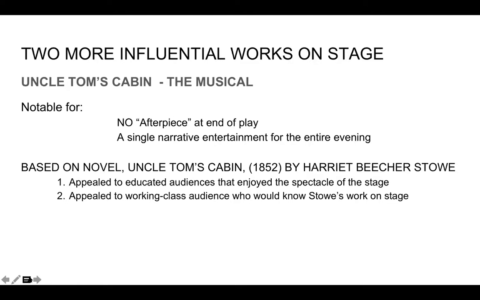Based on the novel by Harriet Beecher Stowe, this appealed to educated audiences because they had read the book and understood it and then wanted to see the on-stage live version. This would be very exciting and novel by this point.